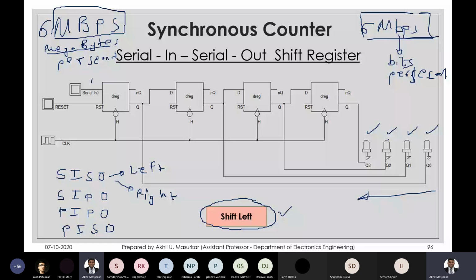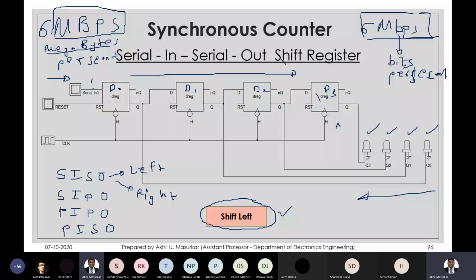But here, if you look at the flip-flop diagram, you are actually giving the serial input here. Just because this was D0, D1, D2, and D3, actually your bits moved in this direction. But you should understand that this was your MSB and this was your LSB.